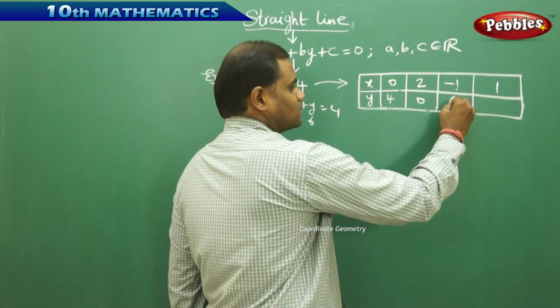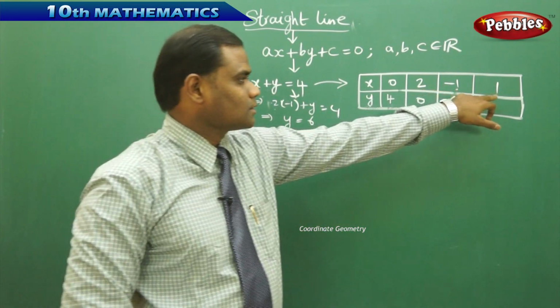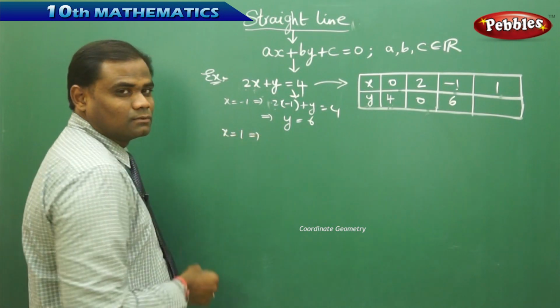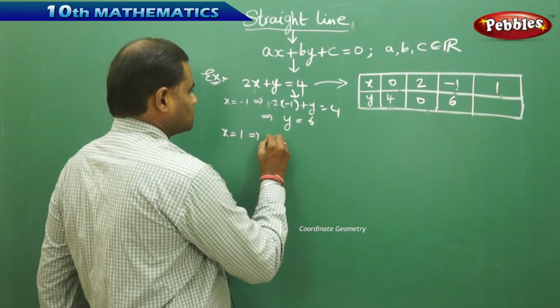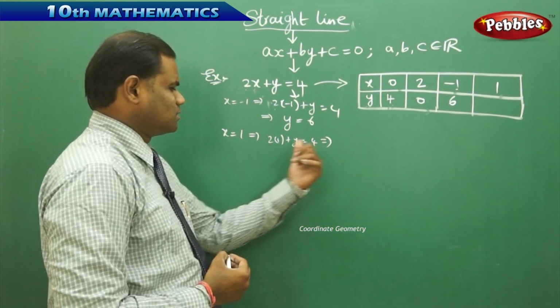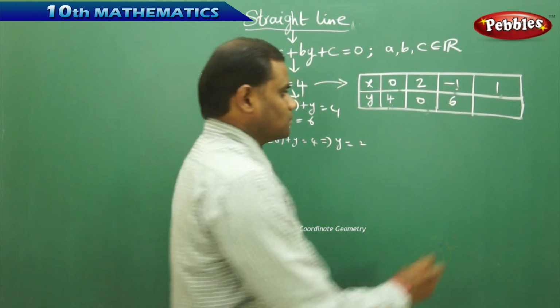Therefore, the corresponding value is y equal to 6 for x equal to minus 1. Similarly, for x equal to 1, substituting, 2 times 1 plus y is 4, which on simplification gives y equals 4 minus 2, which is 2.